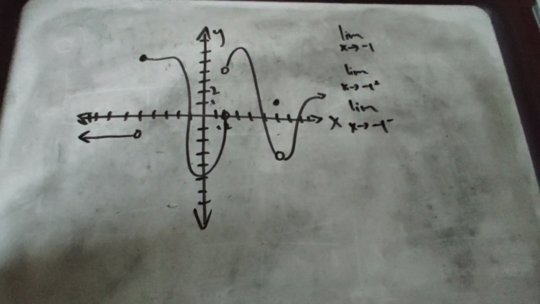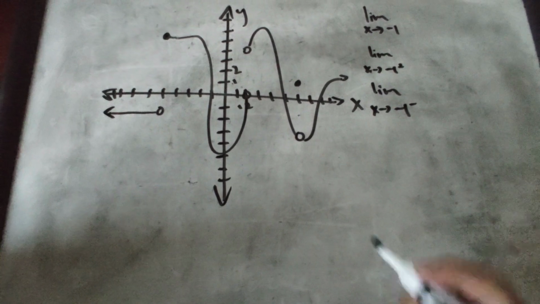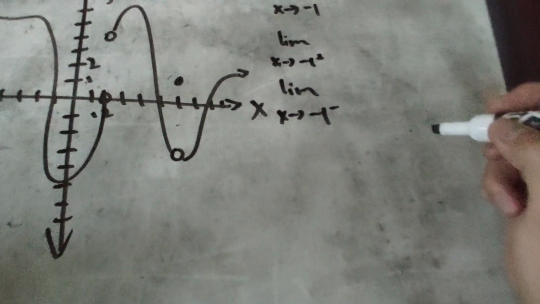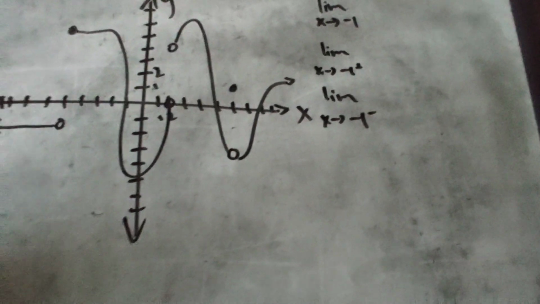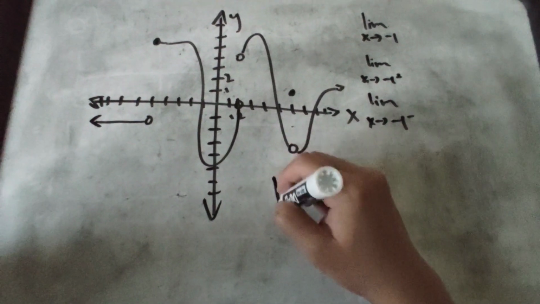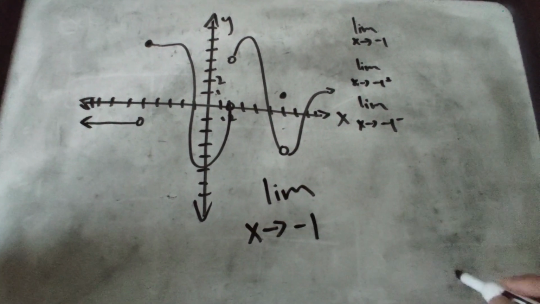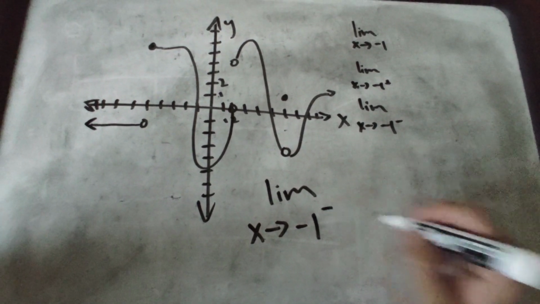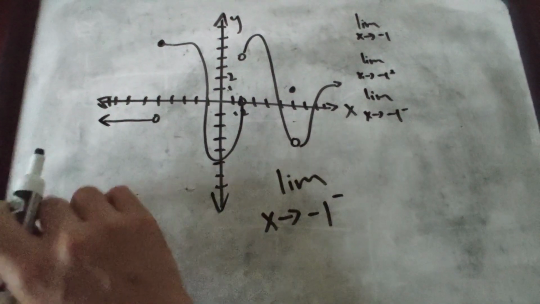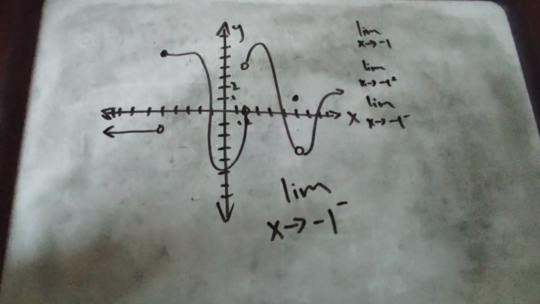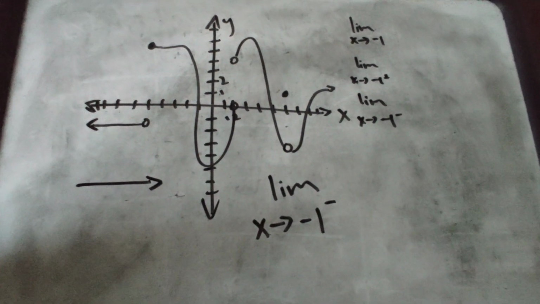Alright, so here's a new graph with a new function. There's something else I want to point out before we start with this problem. You can see over here, these two limits have different notation. They have a plus and minus sign where the exponent is. So what this means is, when x is approaching -1, and let's do the minus sign first, this means it's coming from the negative side, so this will be the limit as it approaches from the left.